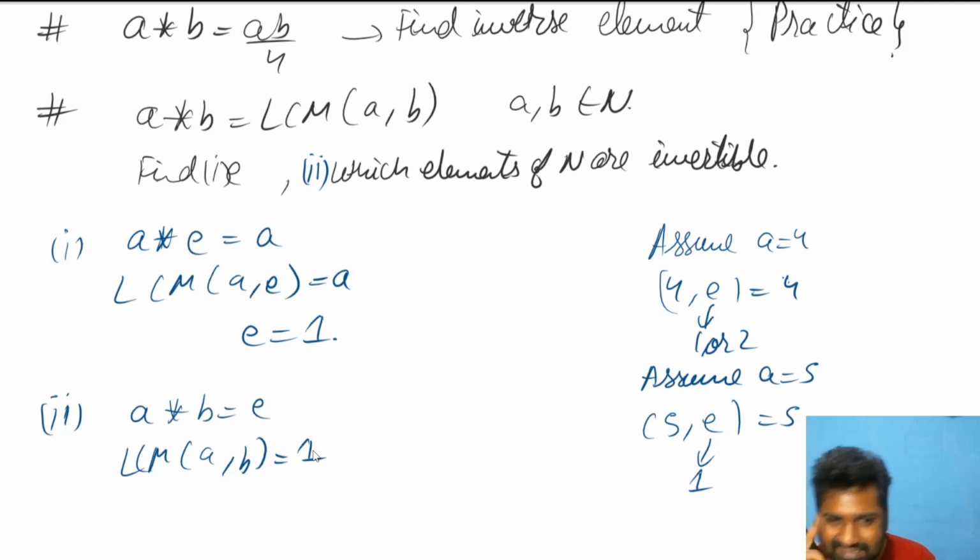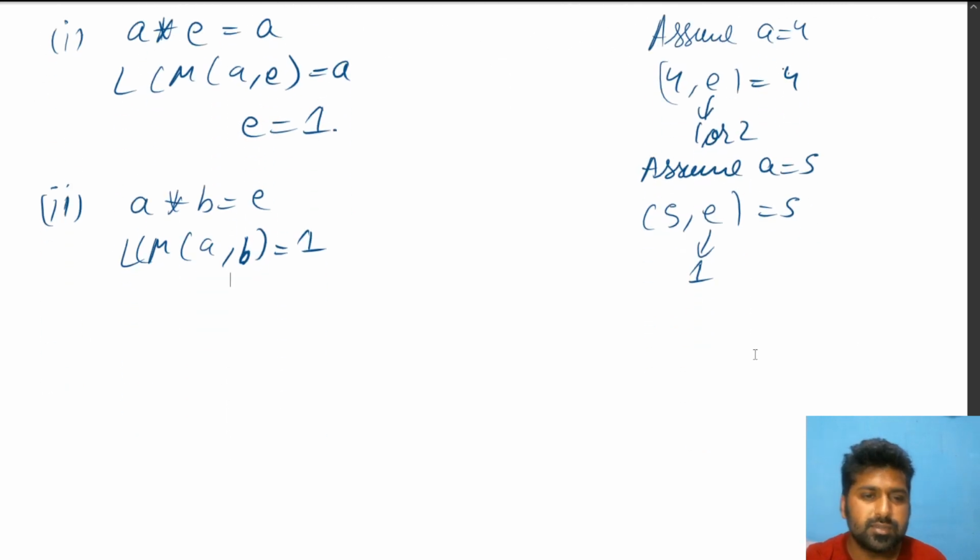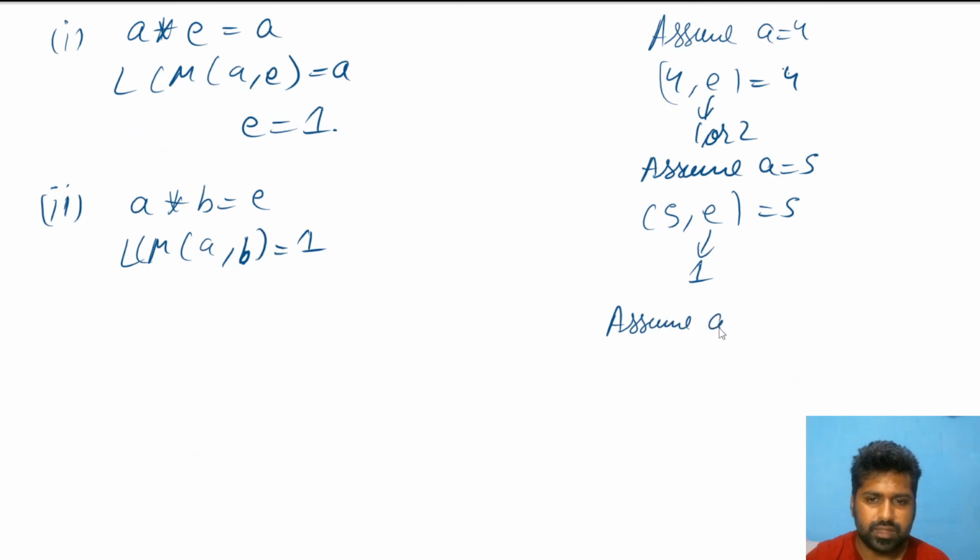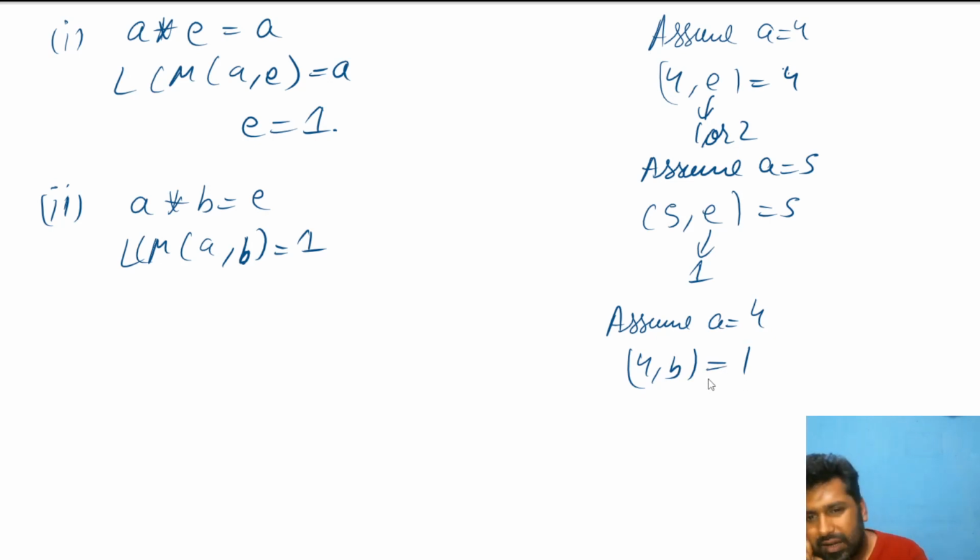We have to find b in terms of a. So let's assume a is something again, the same value 4. So the LCM of 4 and something should be 1. Now when it is 1, what does b have to be? Is it even possible?